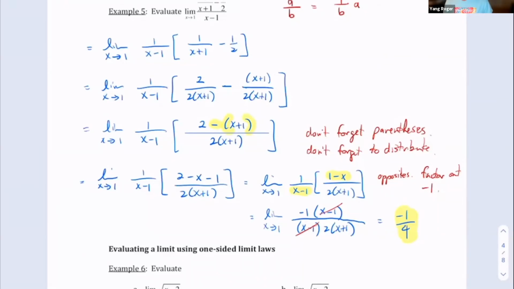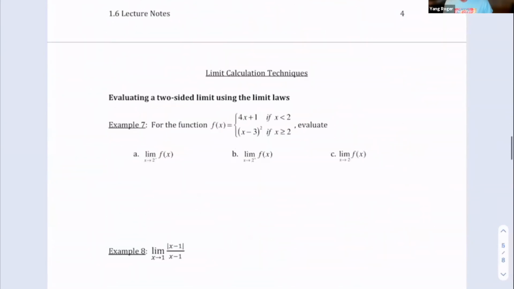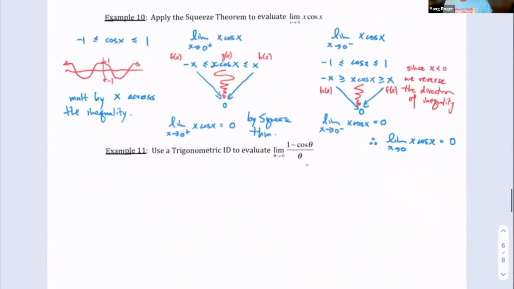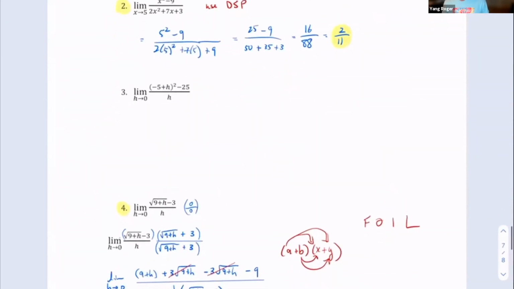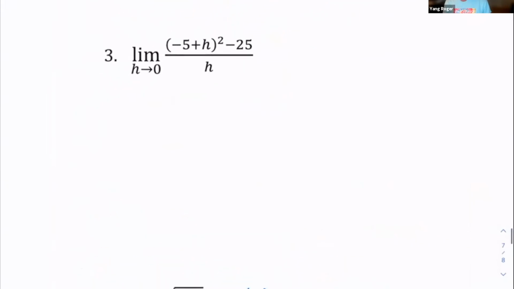So I don't have a simplifying a complex fraction here, but you can use the simplify technique to do number 3. So why don't you guys try number 3 real quick.